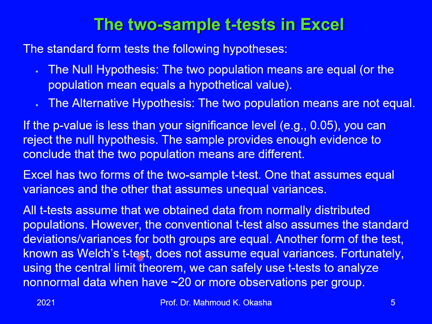And all t-tests assume that the data are obtained from normally distributed populations, right? But we assume that the standard deviation or variance for both groups are either equal or not equal.